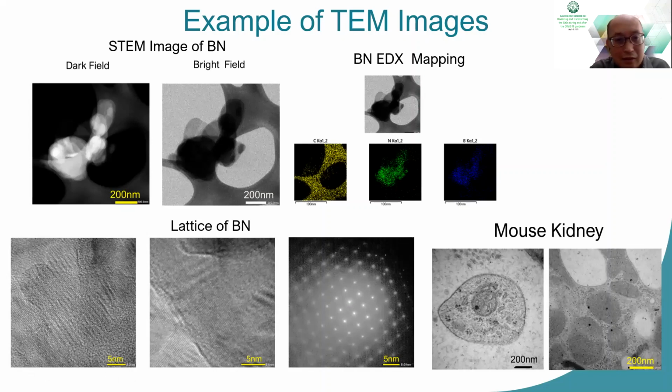Because the resolving power of a transmission electron microscope is much higher compared to a scanning electron microscope, it can also image the lattice structure as well as the electron diffraction pattern of this material. Aside from that, it is of course widely used in biological studies, like for example, in this mouse.